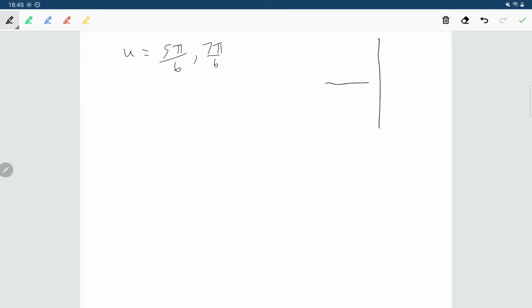So if you're thinking about the 5 pi over 6 just for a moment, we had 5 pi over 6, but you would also have 1 full circle, which is 2 pi, plus pi over 6. So that would be 17 pi over 6.